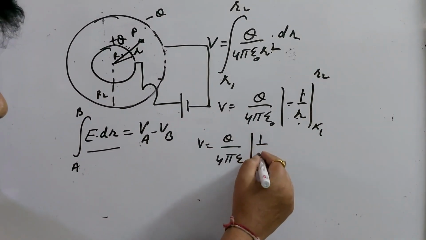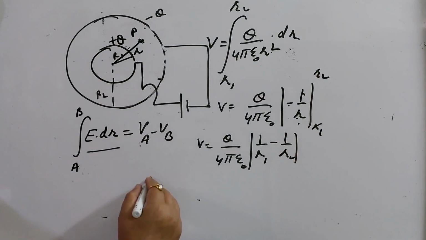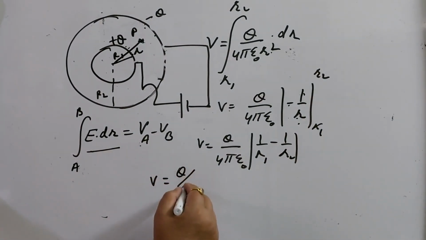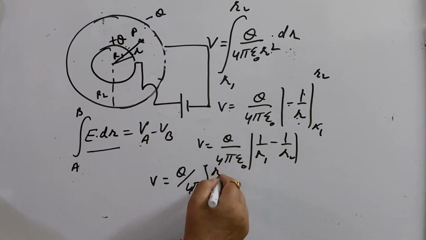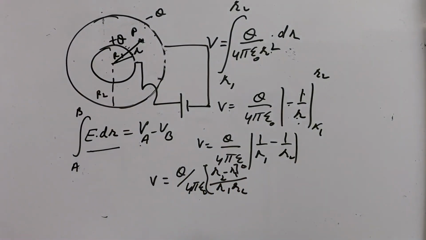So this is equal to q by 4 pi epsilon naught times r2 minus r1 divided by r1 r2. And if we are interested in finding the ratio of q and v, that will be equal to C.